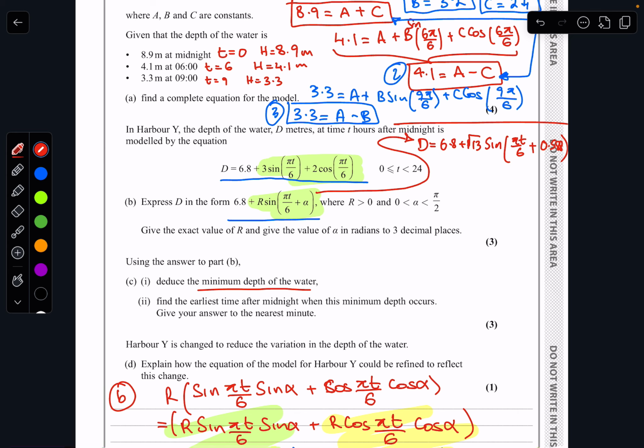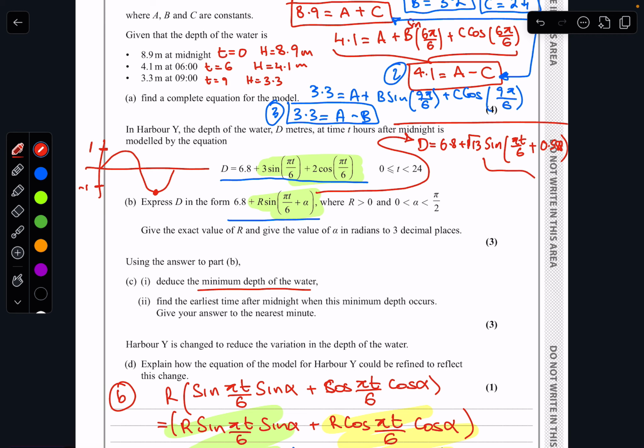So the minimum depth of the water, if you think about this, is we have a sine function. In a sine graph, the graph usually goes from 1 to minus 1. So in this case, the minimum happens when this is a minus 1.